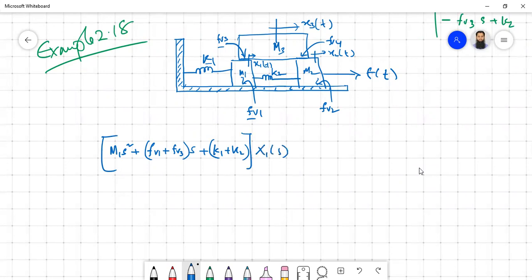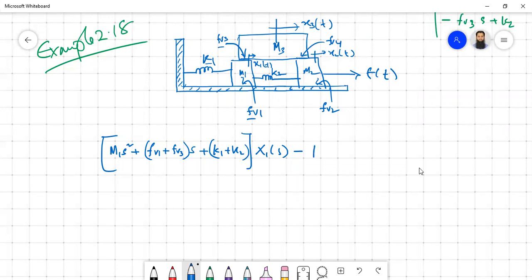Then the forces, because of the motion of the other one, will be the common in between M1 and M2. So what is common in between M1 and M2? Basically, the common thing between M1 and M2 is only K2.